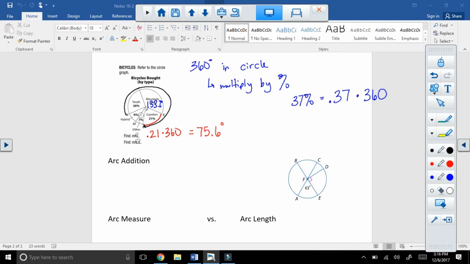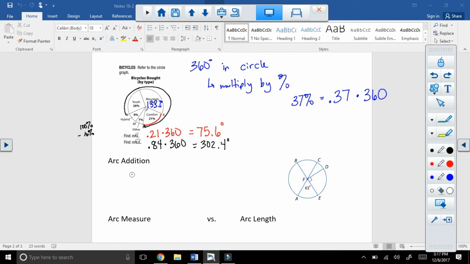So if I want to add these two up to get 16%, it'd be 100% minus 16%. This would be 84% of the circle, and then multiplying that by 360, you get 302.4, and that's degrees.